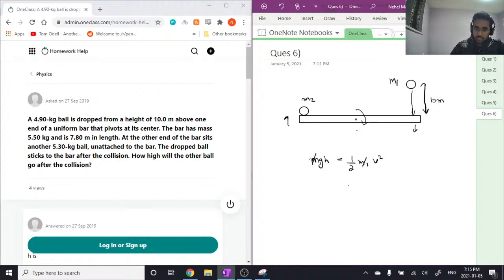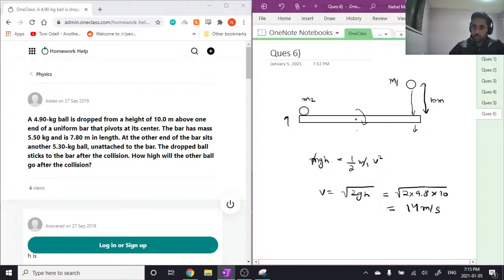The masses cancel out, and we get v equal to the square root of 2gh, which is the square root of 2 times 9.8 times 10, which is about 14. So we get the velocity to be 14 meters per second.